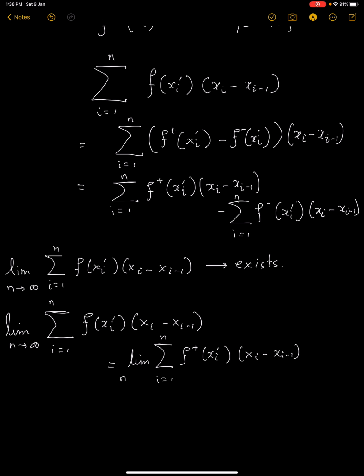I am writing limit n tends to infinity in the sense that as I put more and more points, you can make the lengths of the intervals smaller and smaller. That's the whole idea. So you have more rectangles with very small bases, and gradually we'll go nearer and nearer to the area. So the whole integral is the limit of this minus the limit of this.